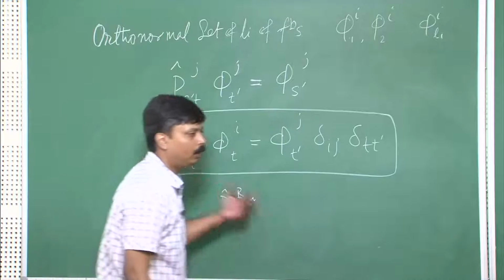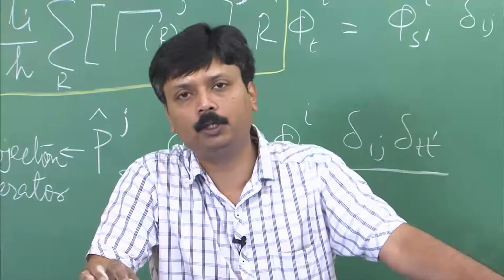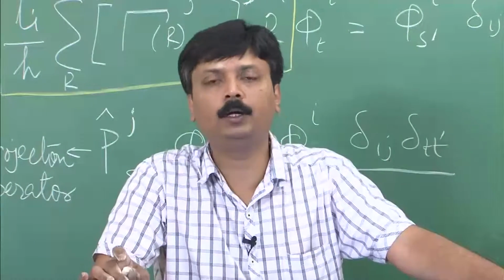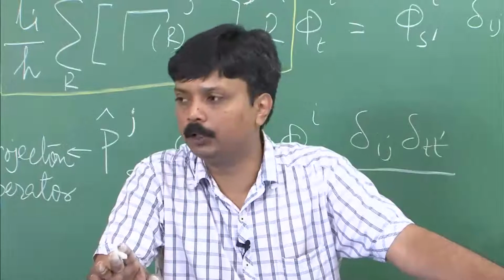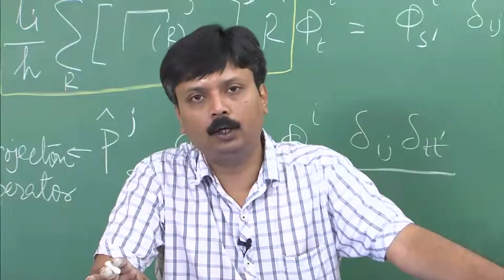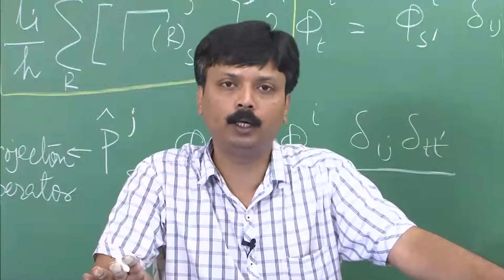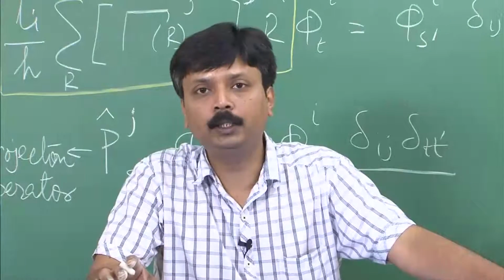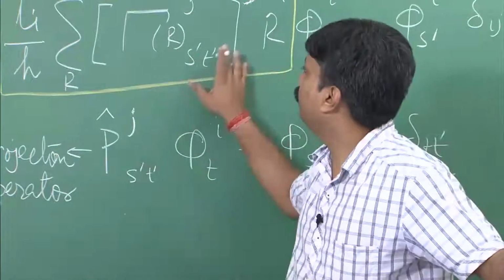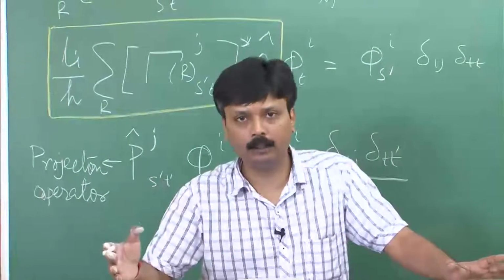In the following class we will also see that there are two types of projection operator: one is the complete projection operator, another is the incomplete projection operator. For most of our purposes, we are pretty good with the incomplete projection operator itself, which deals not with the matrix elements as such, but only with the characters.